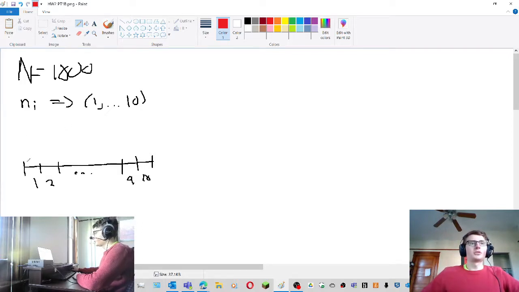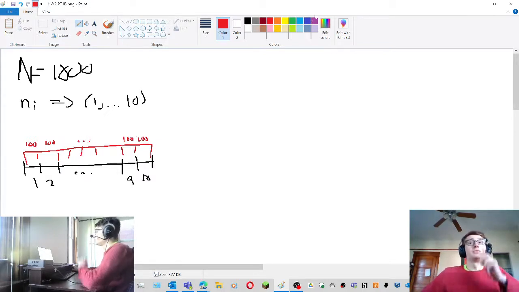I could go with a basic, very uniform distribution. And I could say that, you know what, I'm estimating that there are 100 students in each bin.